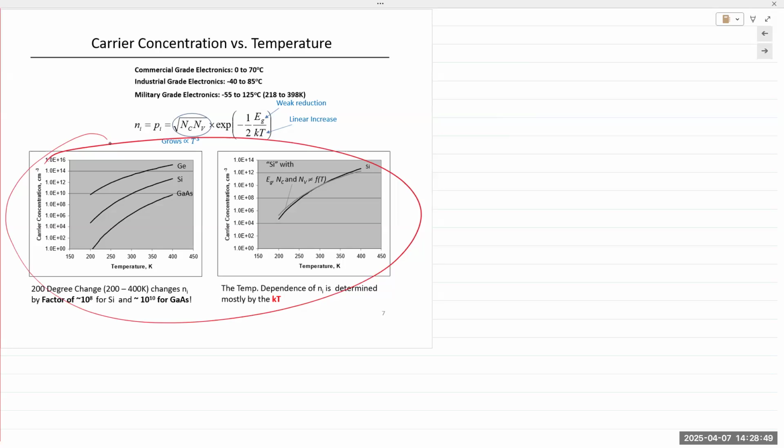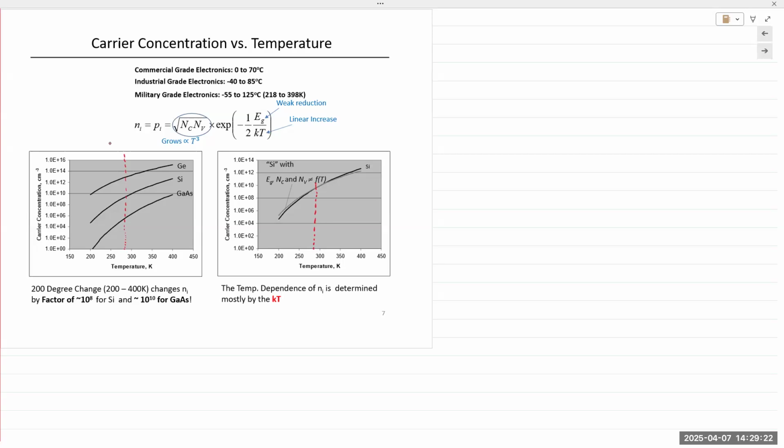So the bottom here, let's say this is 273 Kelvin, which is of course 0 degrees C. And you can see the majority of the carriers around silicon is below 10 to the 10. Gallium arsenide has very few carriers. Germanium by far has the most carriers of all the three.